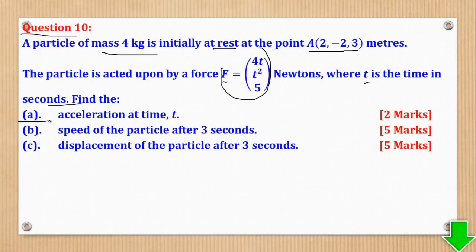Find part A, the acceleration at time t; part B, the speed of the particle after 3 seconds; and part C, the displacement of the particle after 3 seconds. When the force has t, it implies that it's variable, and therefore we need to use methods of calculus to answer such a question.